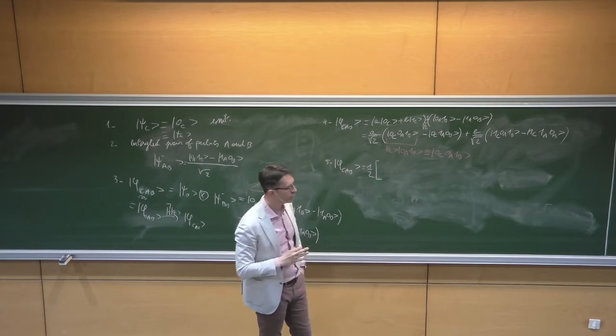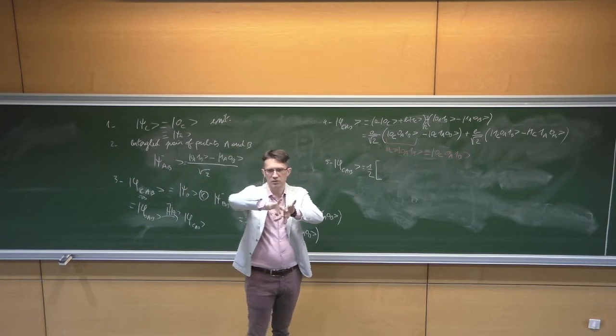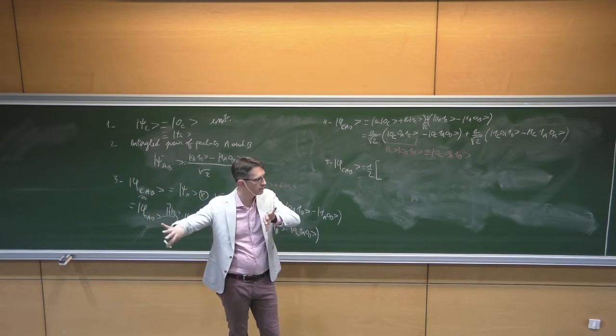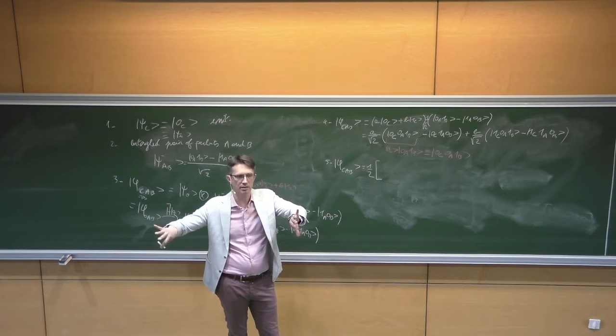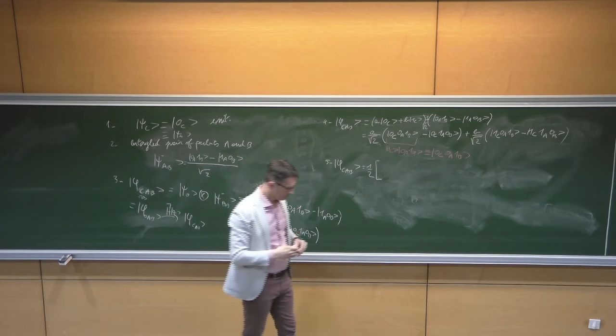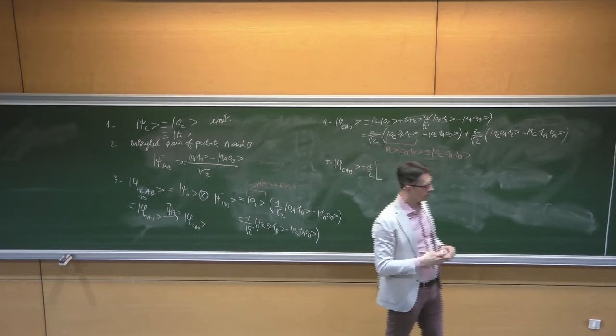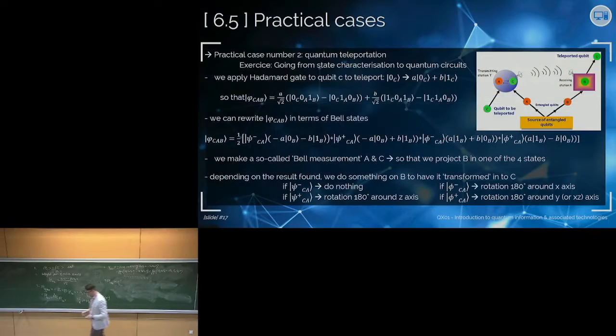And in these 4 terms, I now sort of separate the B side from the A and C side. Again, we talked about this before, but the way to see it is that A and B are entangled together. And then here I'm going to make a joint measurement between C and A.